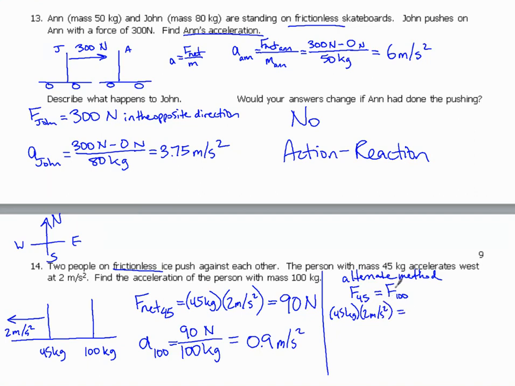And the force of the 100 kilogram person, we don't know everything. We're looking for acceleration, but we know mass, and we can solve for the acceleration here. So this is F, this is MA, here's F, here's MA. And so we can divide both sides by 100.